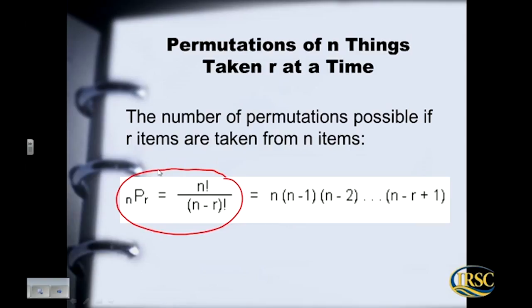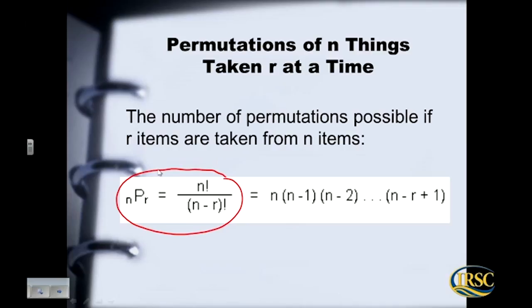So let's say you have 26 letters, but you just want to group 3 letters at a time. It would be 26, capital P, and a 3. And so the formula to work this out is your n factorial over n minus r factorial. So the total number of items is your factorial in the numerator. Then take the difference of those two numbers and find that factorial.